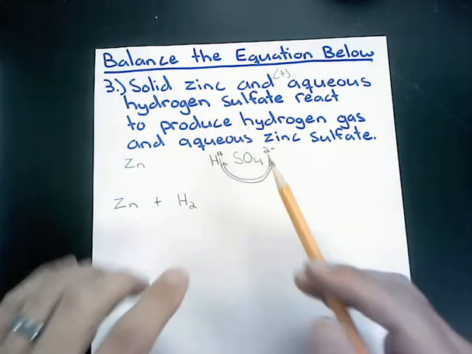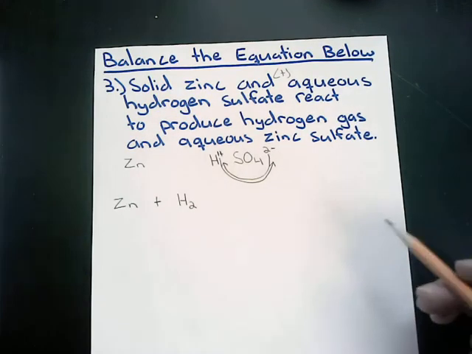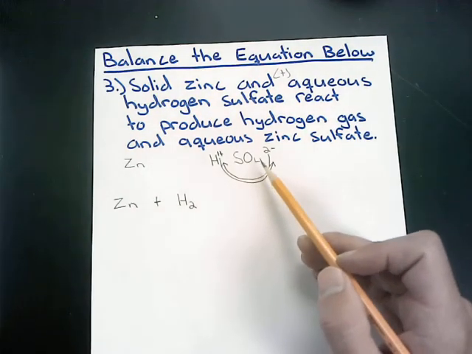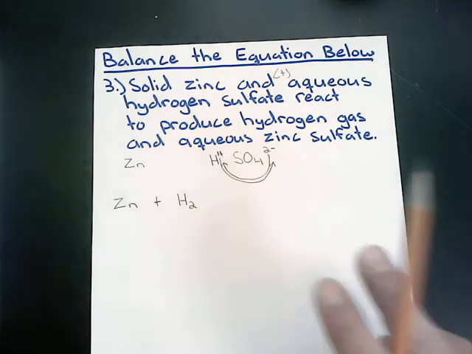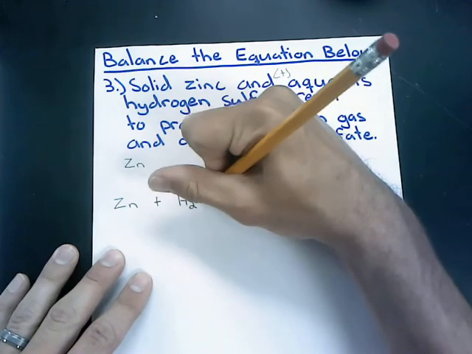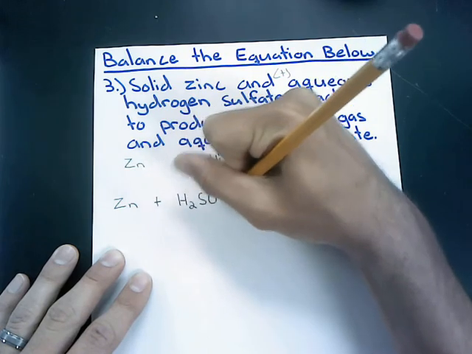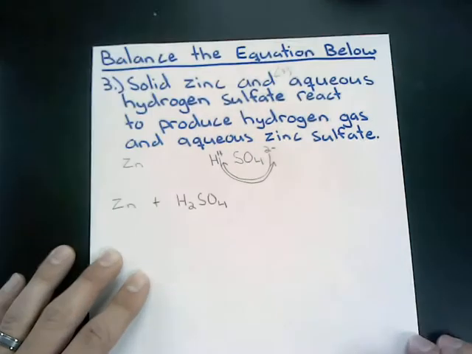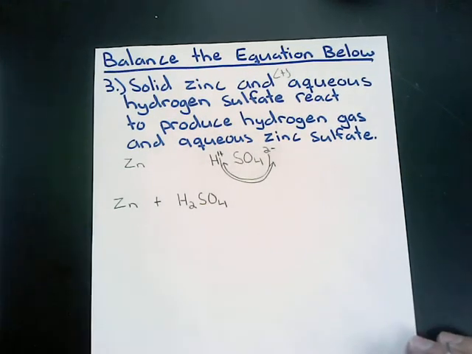Now, we don't need parentheses because we only need parentheses in this type of polyatomic ion if we need 2 or more. So because we just need 1, all we do is write down SO4. So hydrogen sulfate, the formula for that is H2SO4.